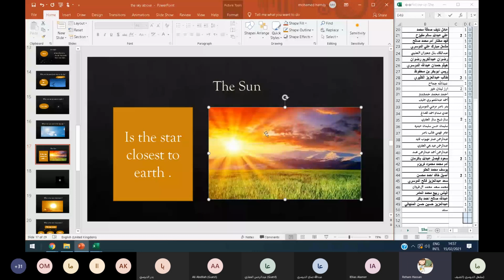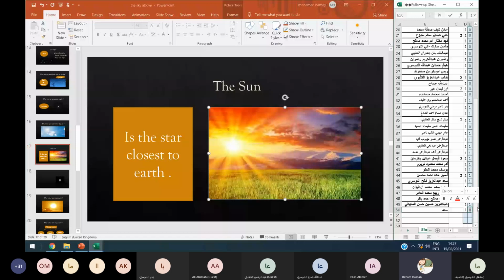Okay, honey? Sanad? Yes, teacher. So, honey, if you look at the sky in the day, you can see a star. It's a big star, closest to the earth. It can make its own light in the day.